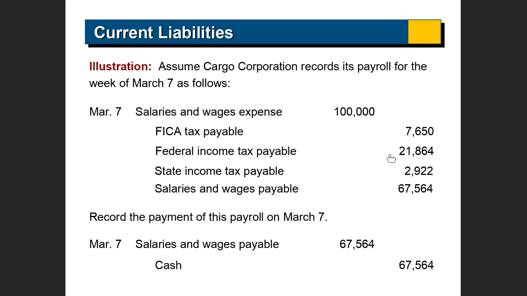Then you have the federal income tax, which is 21,864, that the federal government takes, right? The federal government, the central government that is running the entire country. Then you have state income tax that the state takes, okay?